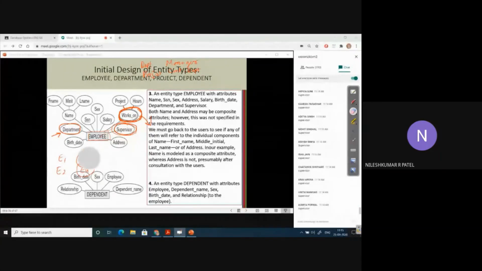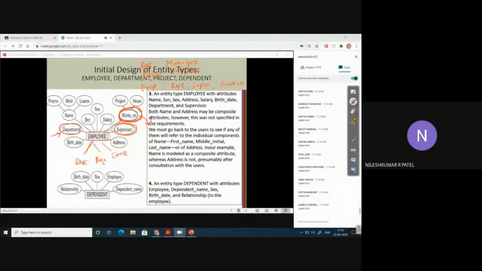Okay, so we'll discuss this. So in employee, we are able to find three, that is department, supervisor, and works on. So employee will be connected with three entity types. How will it be connected? Employee will be connected with the department entity type, with the project entity type, and with employee itself.